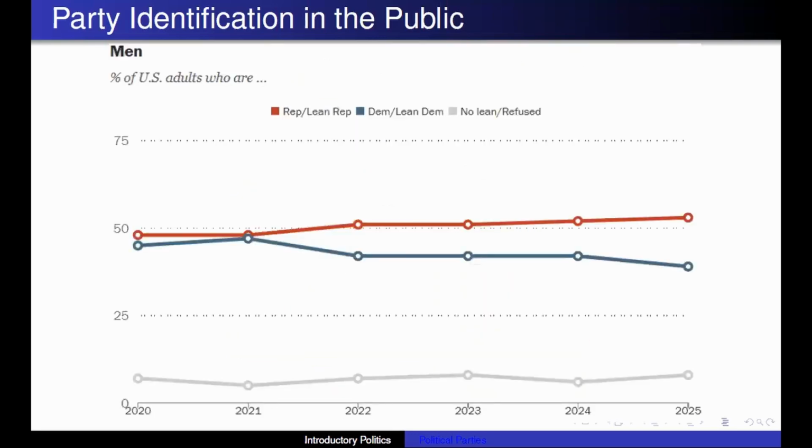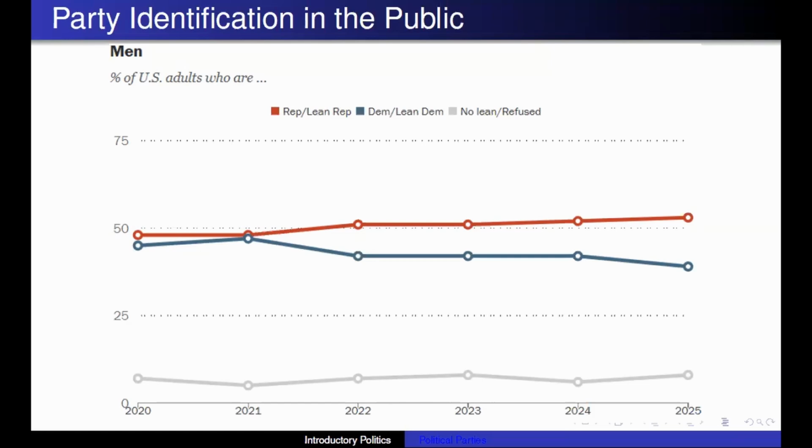When we break down this number and take a look at party identification by different demographics, we see, again, some consistent trends here. Overall, men are more likely than not to support Republican candidates. We can see here that, again, the gap might be a bit more narrow at some points in time or a bit wider at some points in time.